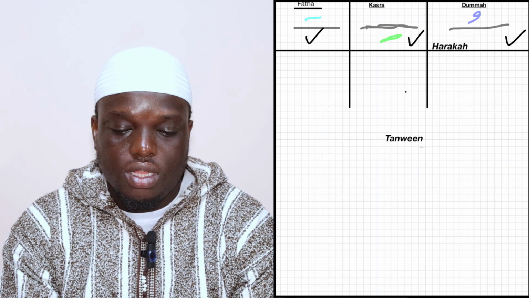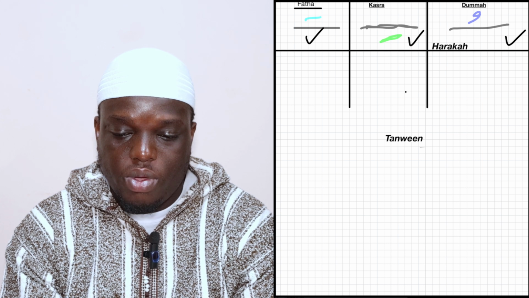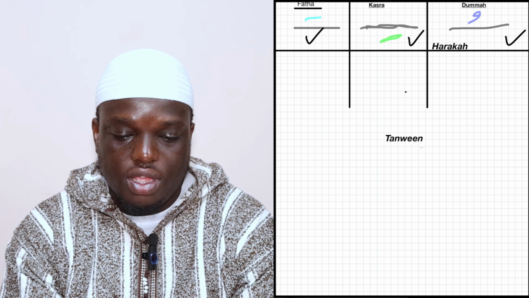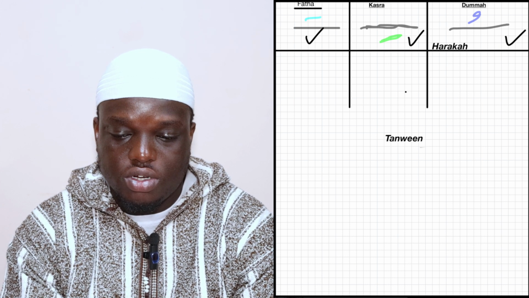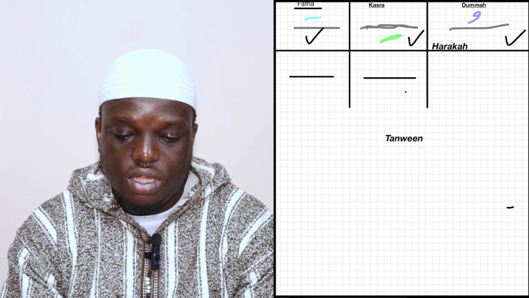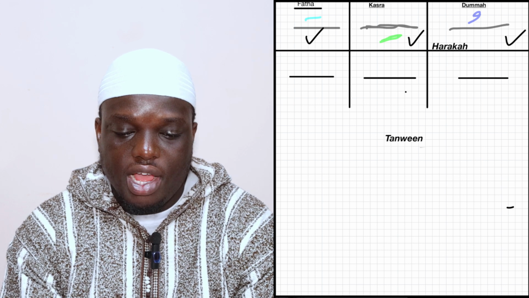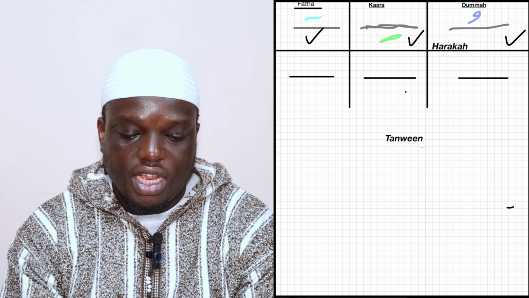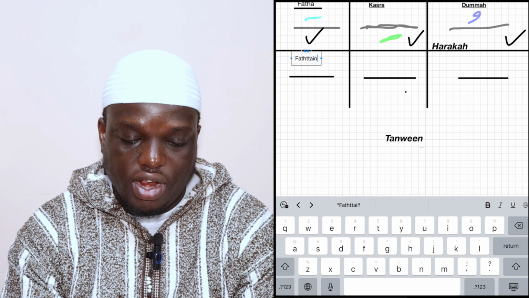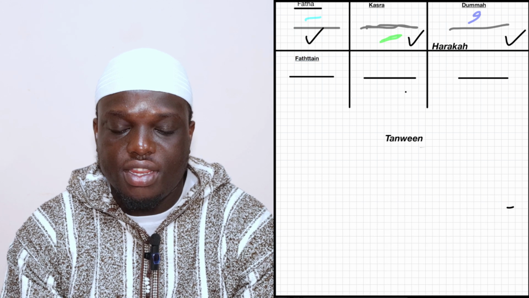So the tanween has the same structure as the fatha, kasra, dhamma. But now, instead of fatha, we have fathatain.